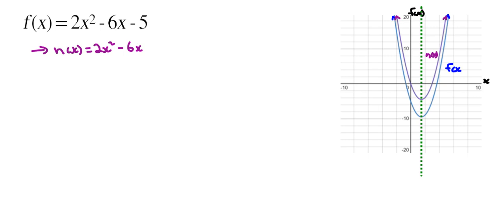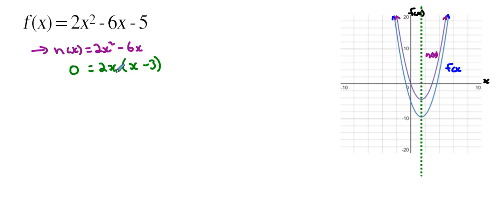So what we do is we work with our new function for a moment, and we common factor what we can out of it. I can take a 2 and an x out of both of these, and this will leave me with x minus 3. Then we're going to let this equal 0 because we're actually looking for the intercepts.